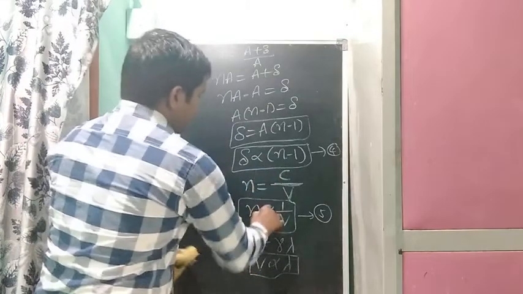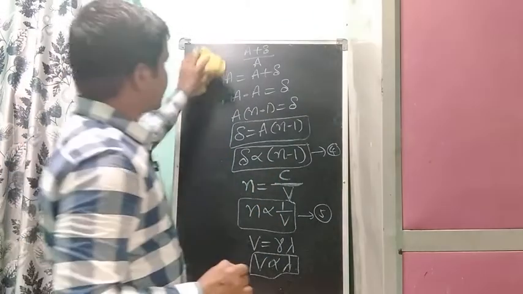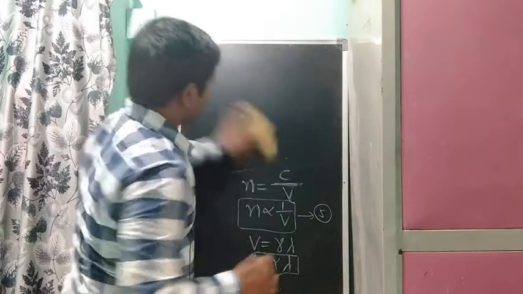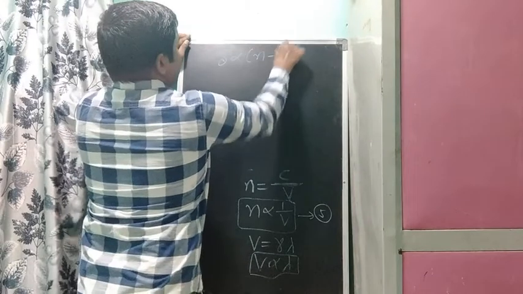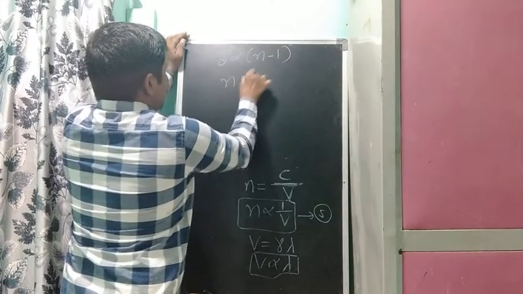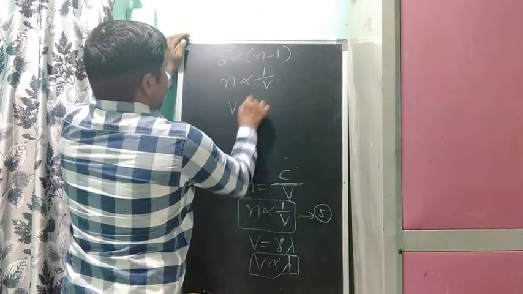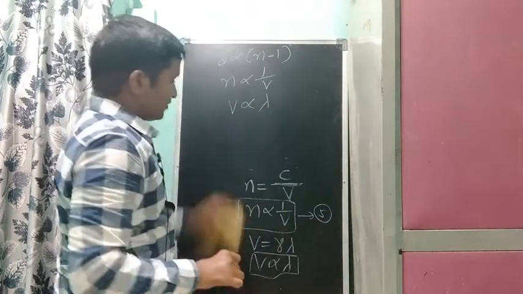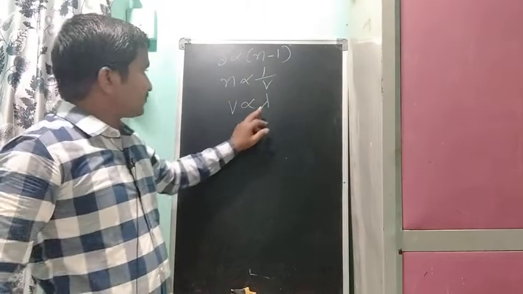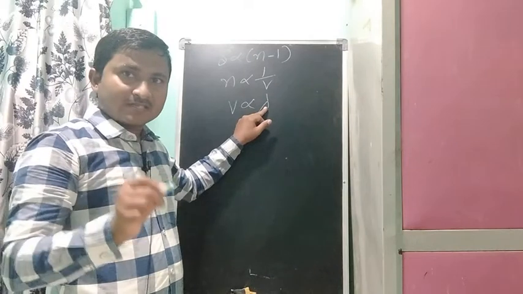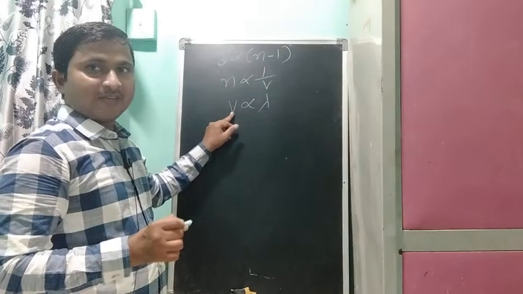Now from these three expressions, we can explain the dispersion of light. First, the equations are: delta is proportional to n minus 1. The next one is refractive index is inversely proportional to speed of light. The next one is speed of light is directly proportional to wavelength. From this expression, if the wavelength of light is less, speed of light is less.